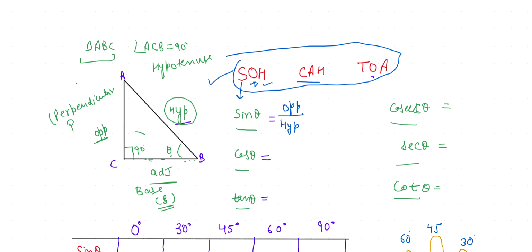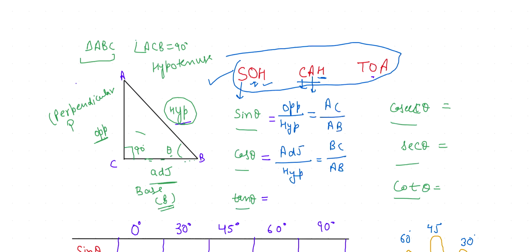Then next is CAH. C stands for cos theta, A stands for adjacent side, divided by hypotenuse, adjacent side divided by hypotenuse, meaning BC divided by AB, and in this case, opposite side is AC divided by hypotenuse, that is AB.